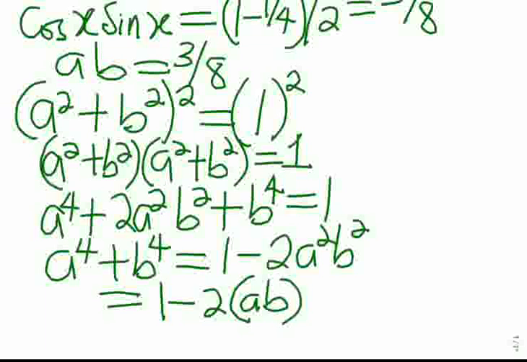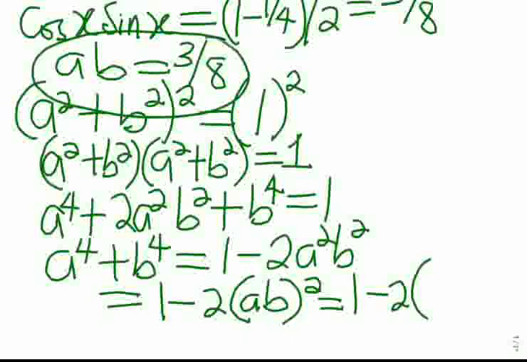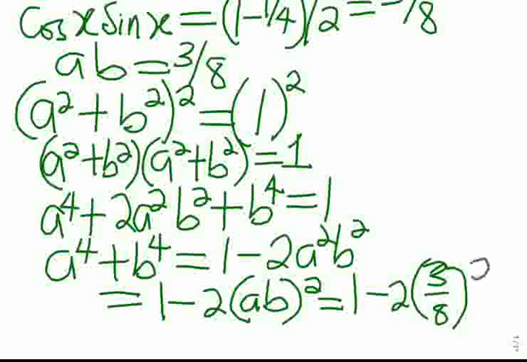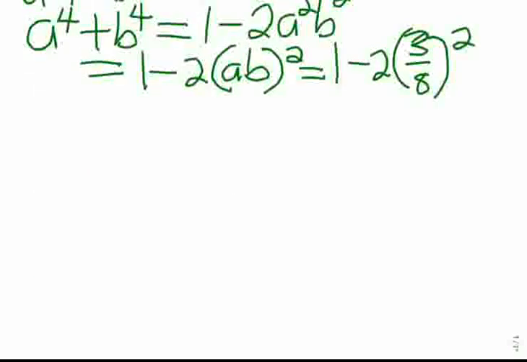I'm going to split it as ab all squared so that I can bring in the value of ab, which is 3 over 8. So 3 over 8 will be substituted in here for ab. And this is going to be squared. So solving this further, I would have 1 minus 3 over 8 all squared, which is 9 over 64.